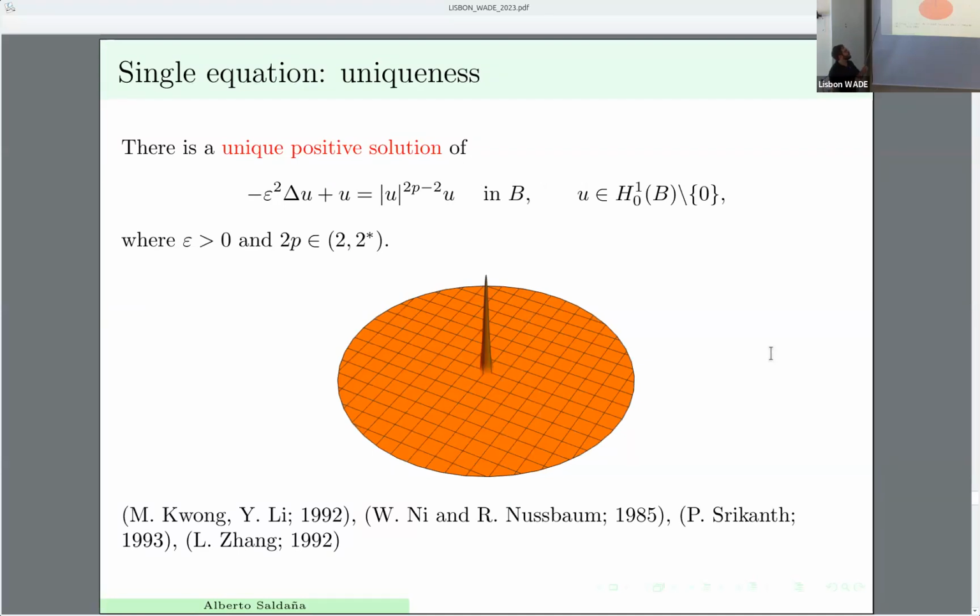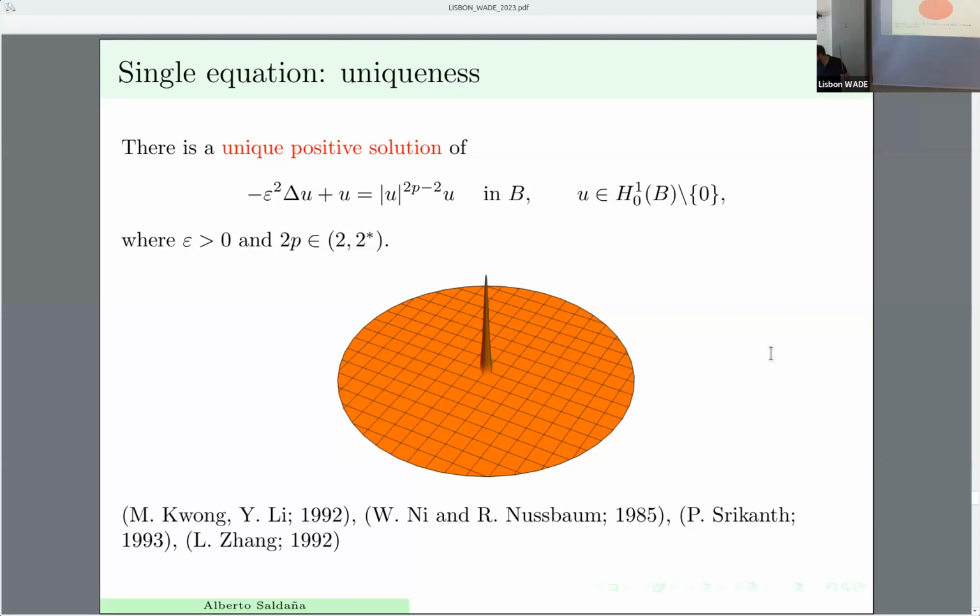If we look at the equation without any interaction with any other components, this turns out to have a unique positive solution, and the epsilon plays no role in it. So for any epsilon and for any exponent here that is subcritical, this problem will have a unique positive solution. And it looks more or less like this. If the epsilon is very small, the solution tends to concentrate. And this was shown in a series of papers.